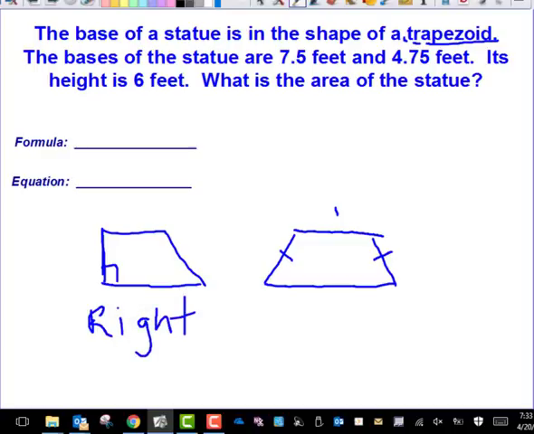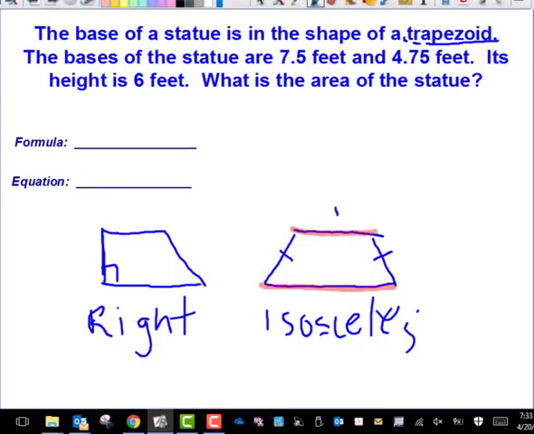You can draw either one. And so the base is going to be, again, the horizontal line.